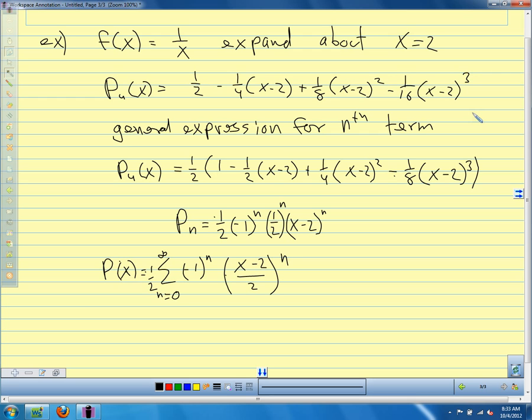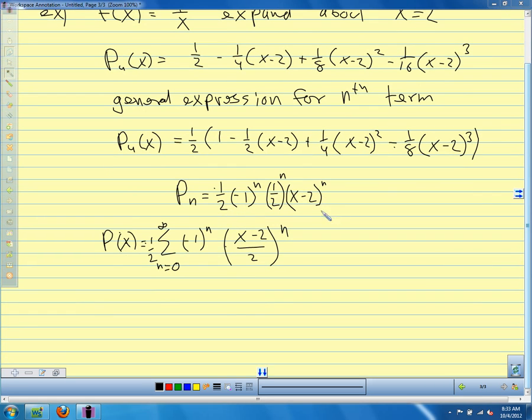Now we want to find the convergence or divergence of this series. So what could we do? We could do the ratio test. Anybody see an easier way we could do this? Geometric series.